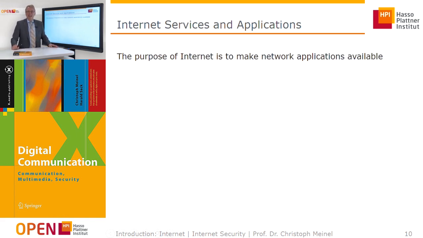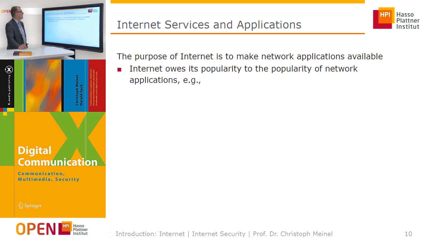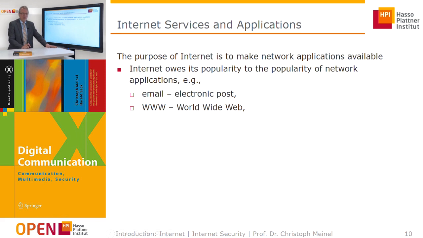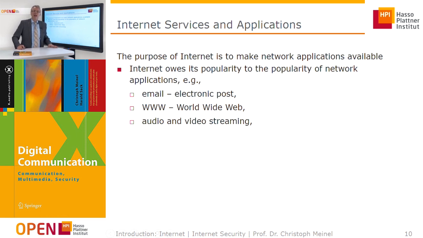Of course, the internet has a purpose: to make network applications available anywhere. And the popularity of the internet, of course, comes from the popularity of the network applications. Network applications like electronic post, email, network applications like World Wide Web, the WWW, audio or video streaming are very popular internet applications. Peer-to-peer networks.